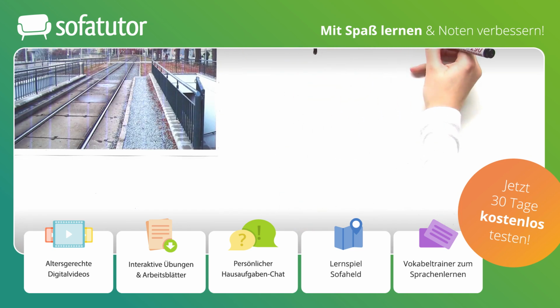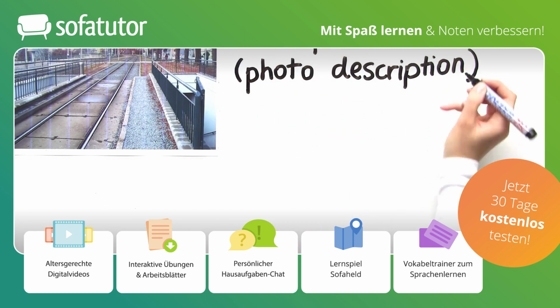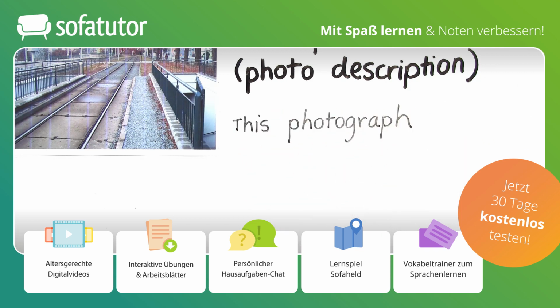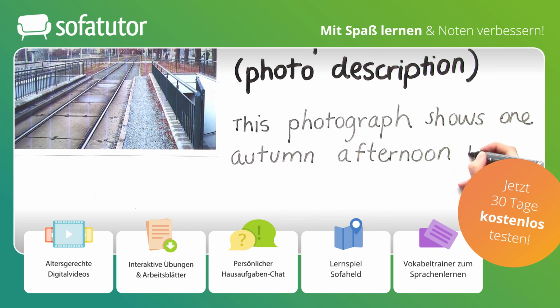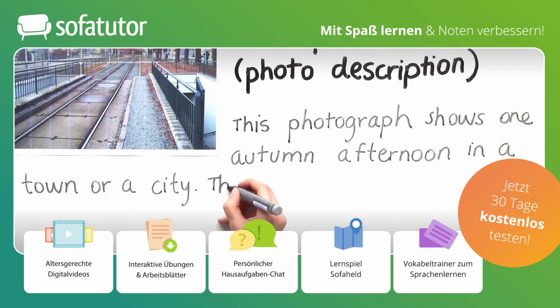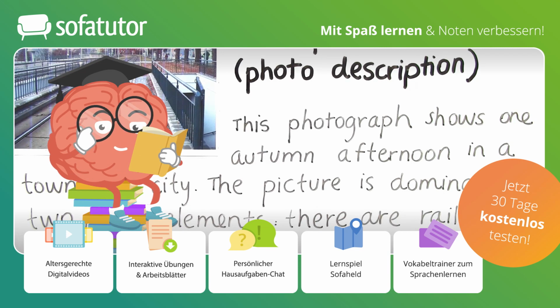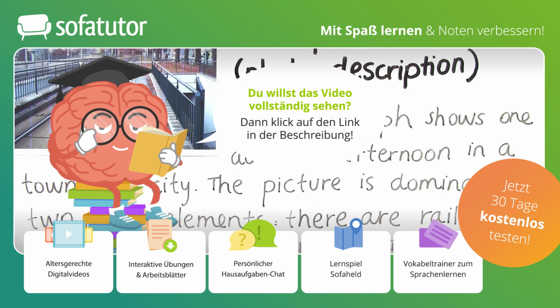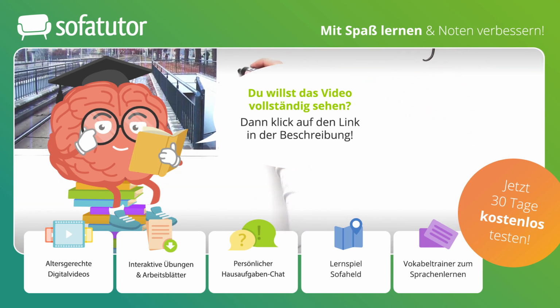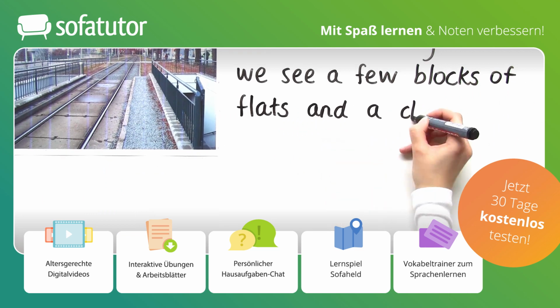Okay, let's look at one possible description of our photograph. This photograph shows one autumn afternoon in a town or a city. The picture is dominated by 2 main elements. There are rail tracks going from the foreground across the whole picture, and in the background we see a few blocks of flats and a chimney.